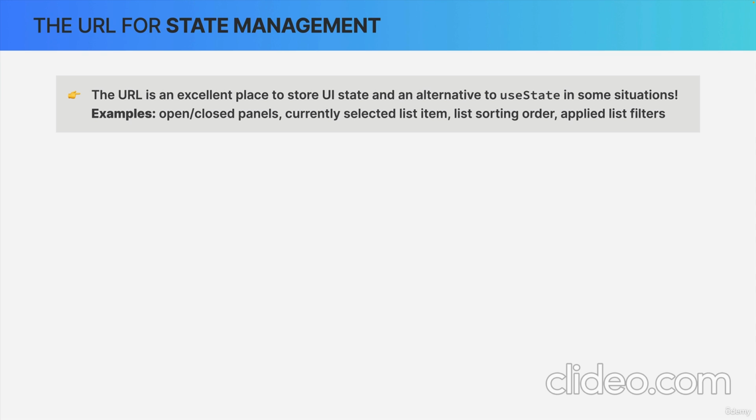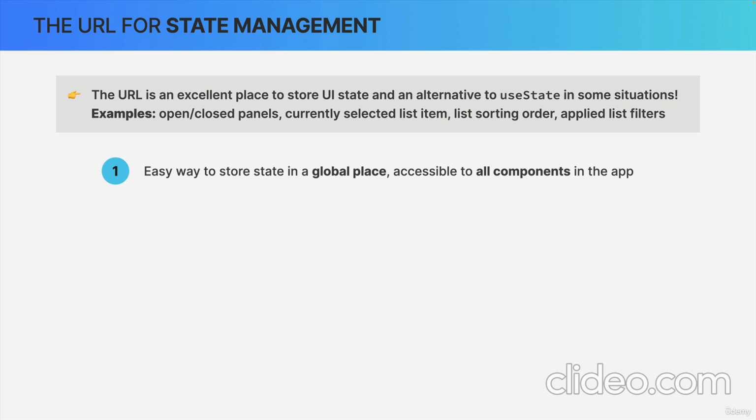Now, why would we want to do that, you might be asking. And that's, again, an excellent question. So the first reason is that placing state in the URL is an easy way to store state in a global place that is easily accessible to all components in the app.